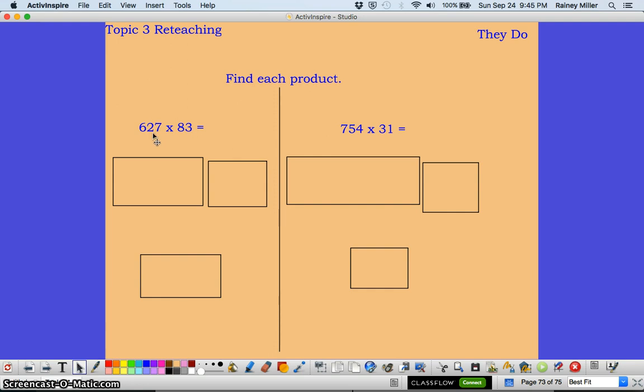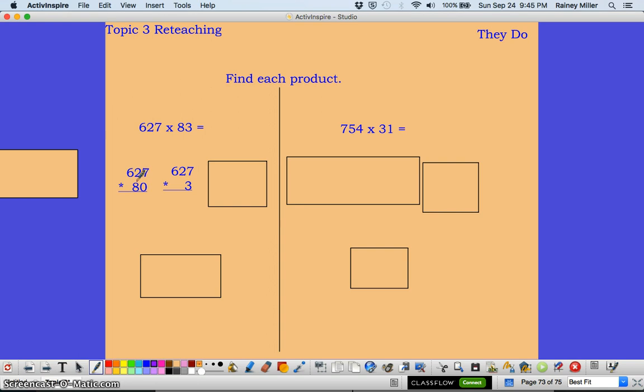Okay, so I know that this can be 627 times 80 plus 627 times 3 in order to get my answer. So I take my two problems and I go ahead and I solve them. So I go over here, 8 times 7. Let's think about this one. 8 times 7 is 56. Here's my 5, and here's my 6.